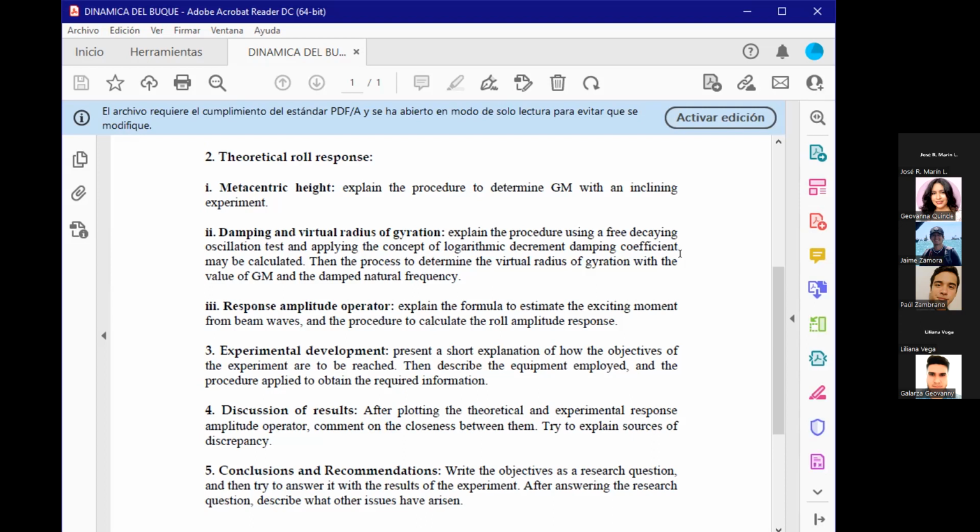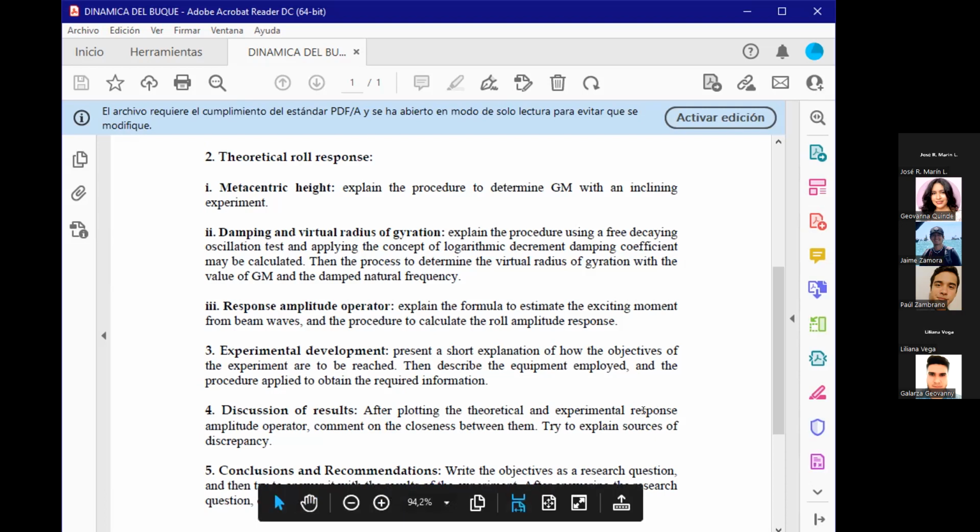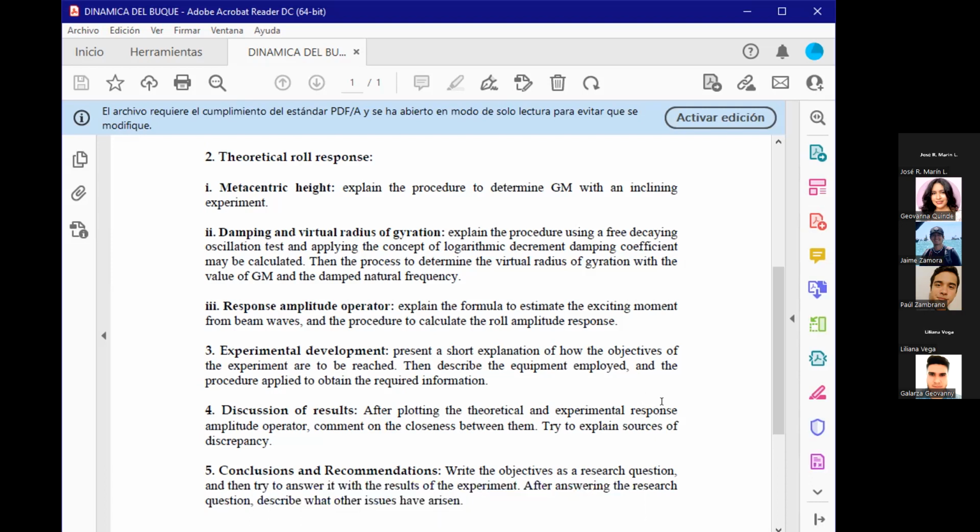Four, go on. Discussion of results. After plotting the theoretical and experimental response amplitude operator, comment on the closeness between them. That's something that we need to see. Please, remember, the response amplitude operator is the amplitude of the response divided by the amplitude of the incoming waves.